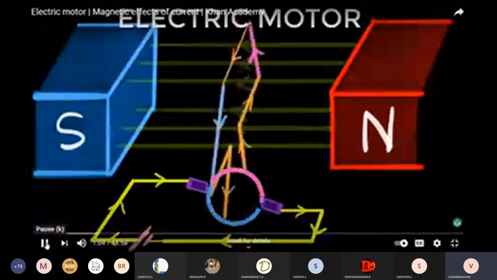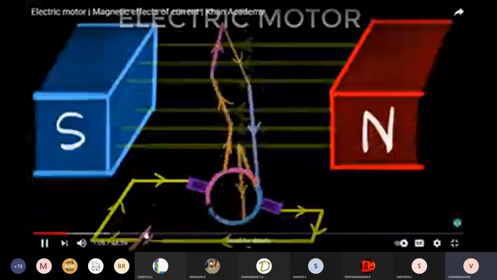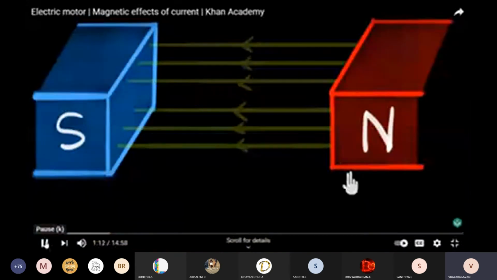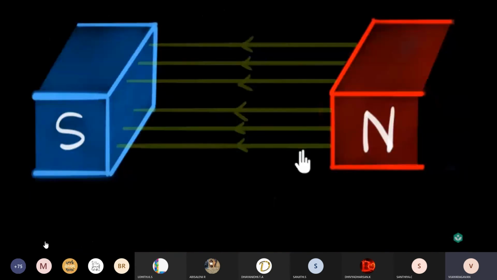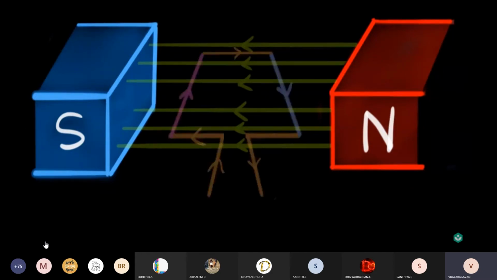So in this video, let's explore exactly how it works. So let's start with a couple of magnets, which will generate a magnetic field that's going to push our current carrying wire. And instead of just introducing a single wire carrying current, we will introduce a current carrying rectangular loop.